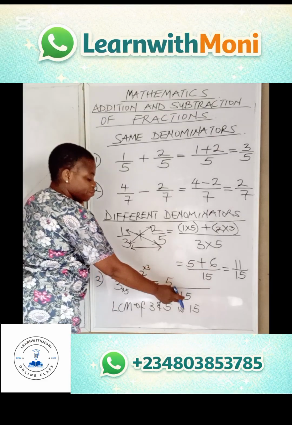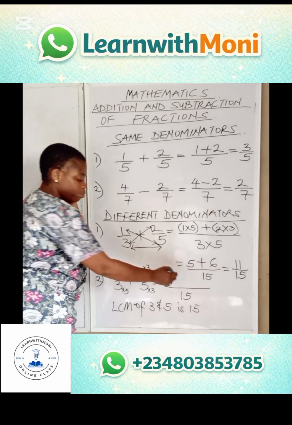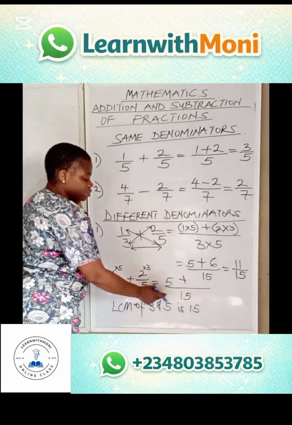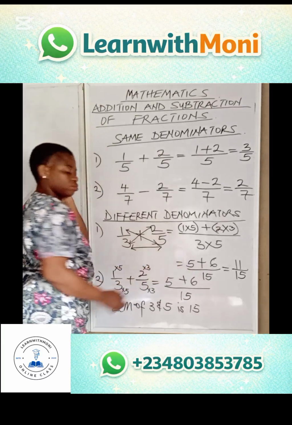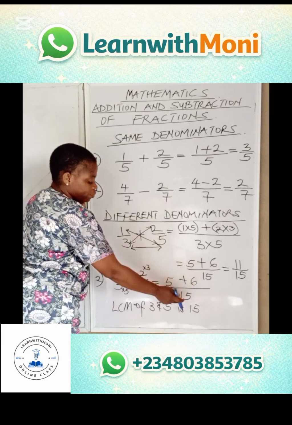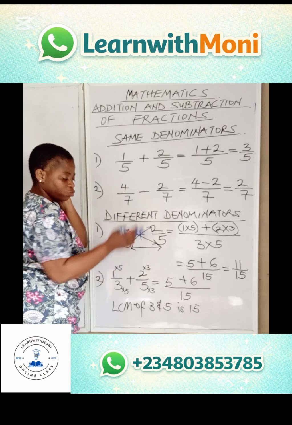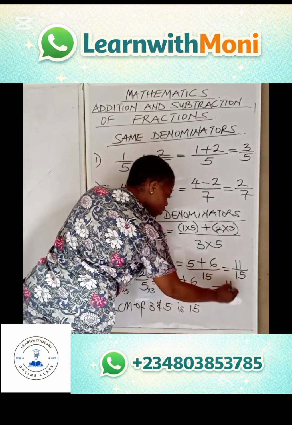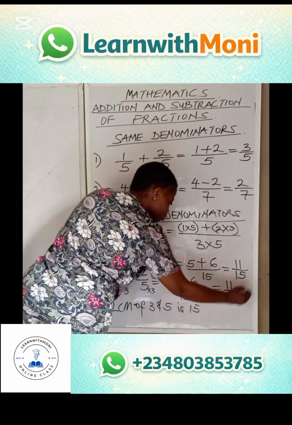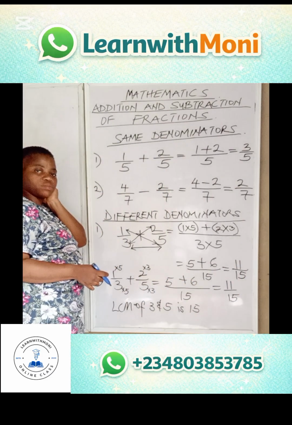That means 5 over 15 is the same thing as 1 over 3. Plus 5 times 3 is 15, 2 times 3 is 6. That means 6 over 15 is the same thing as 2 over 5. So I have 5 plus 6 equals to 11 over 15. That is another method of doing it.